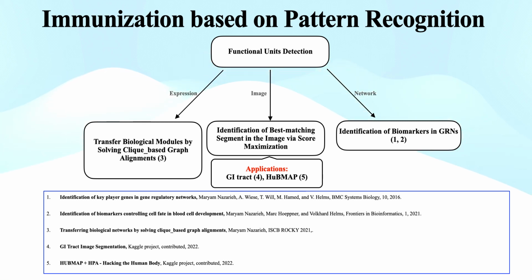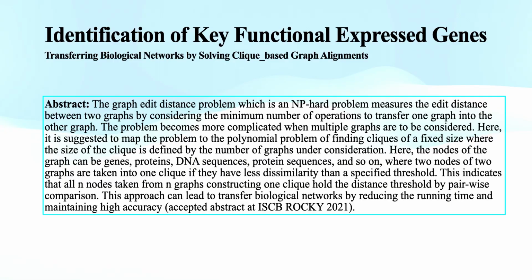And if we have medical image data, we suggest to work on algorithms which maximize the score of matching between the trained dataset and test dataset, and consider the computational methods which return connectors in the set of results if we have transcriptional networks.